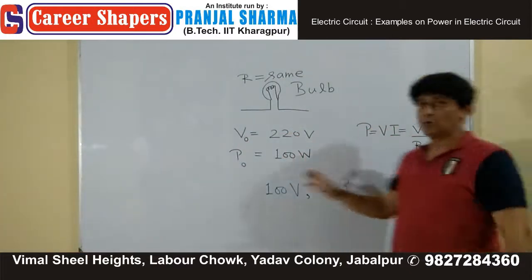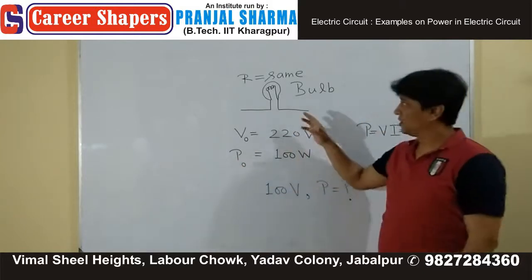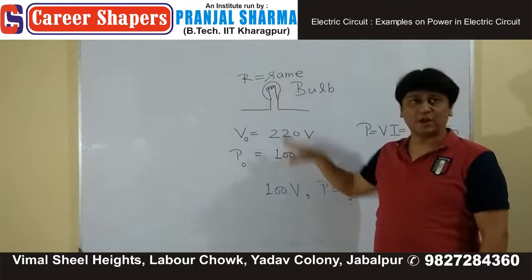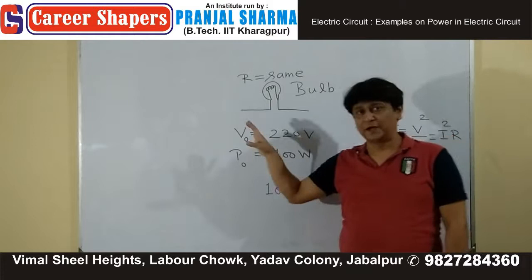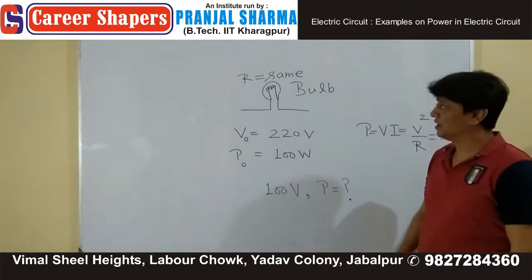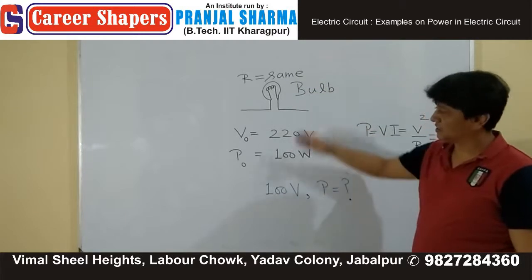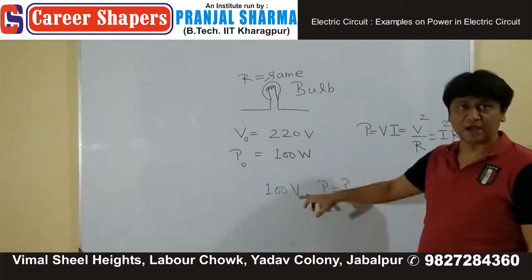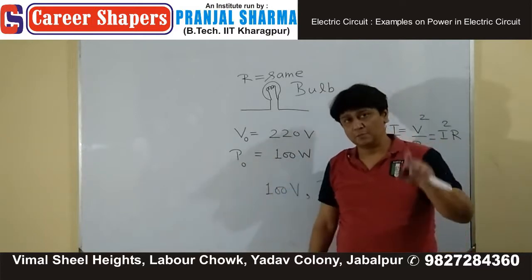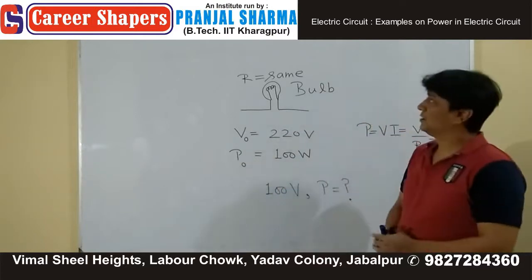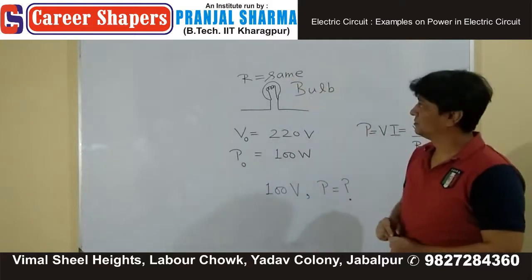We can design questions in which resistance can also change, because as temperature changes, resistance changes. But right now we are not interested in that. So although you are changing the potential difference across the terminals of the bulb, which will result in a change in temperature, we are not assuming any change in the resistance because of that.